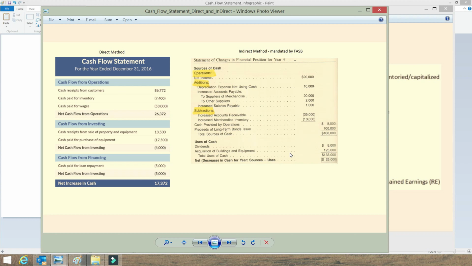But net income is an accounting concept. It's so important that the mandated style is called the indirect method. So even if companies do provide the direct method, they're obligated to also show the indirect method.